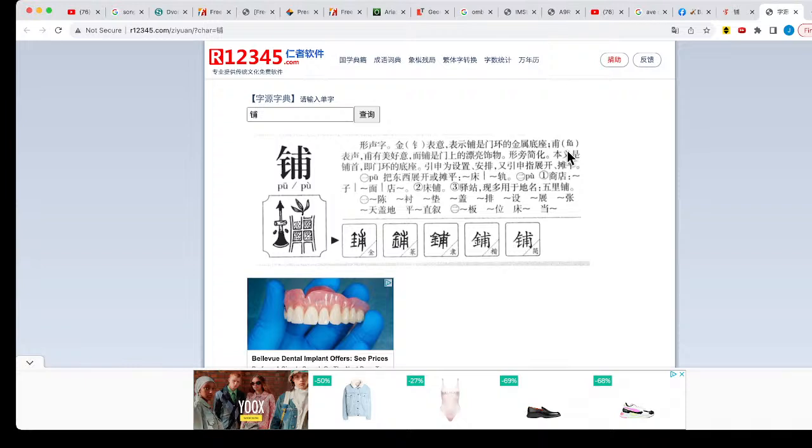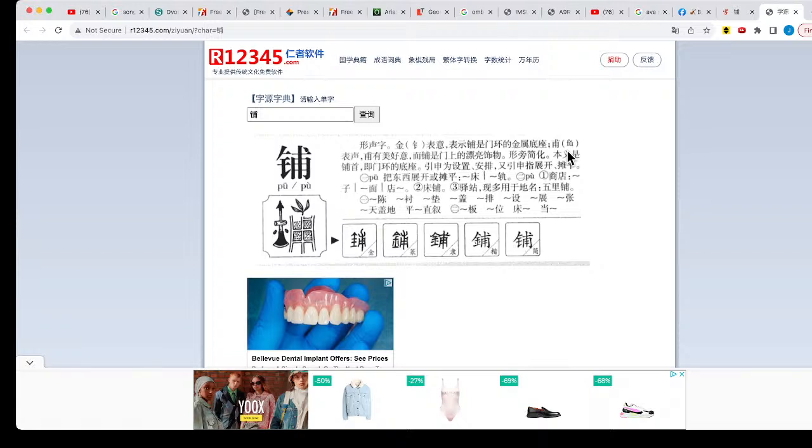In the ancient traditional doorway, there was a square or rounded base made out of metal, and then they would put a ring over it.